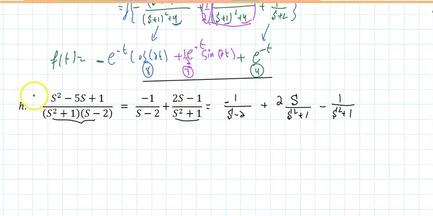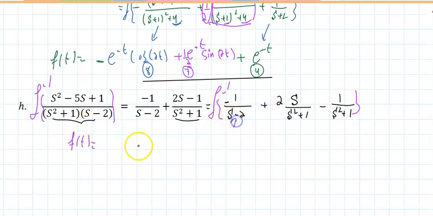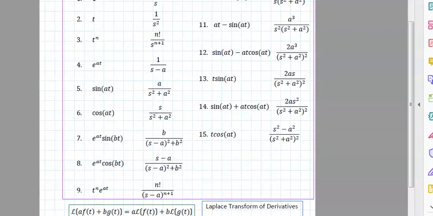And now if I apply the inverse Laplace transform, so that would be f of t equaling, well, this piece I know, again, e to the 2t, that is by 4, done deal. Twice, let's see this one, s over s squared plus 1, so a is 1, it's a cosine of 1t.